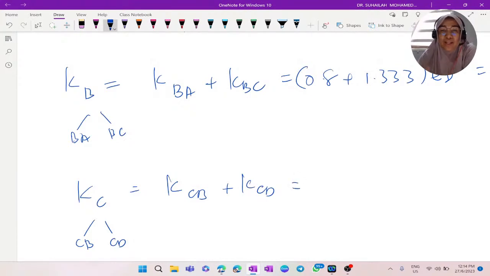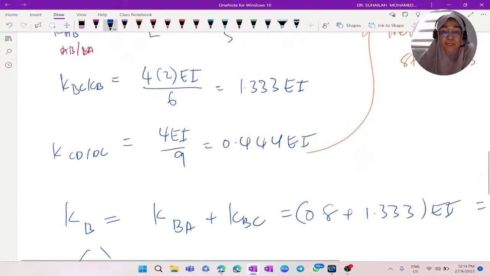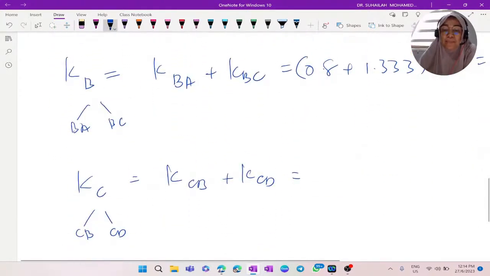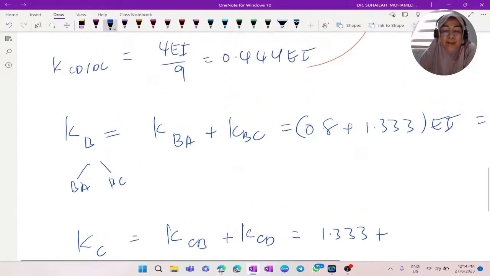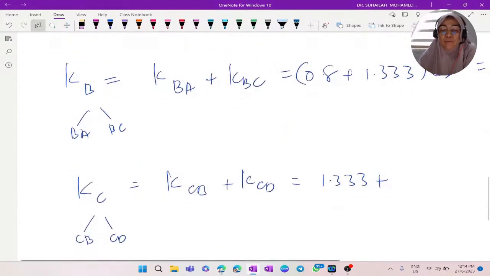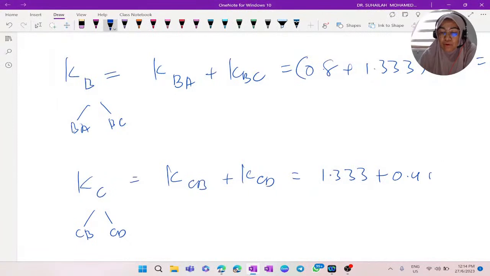KCB is actually KBC, which is 1.333, plus KCD, which is 0.444 EI.